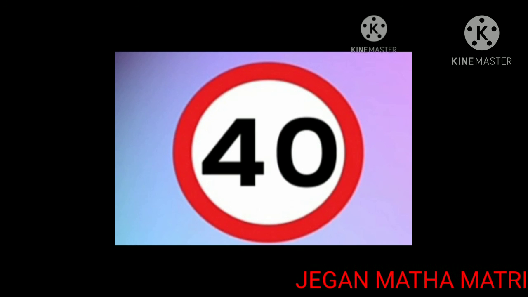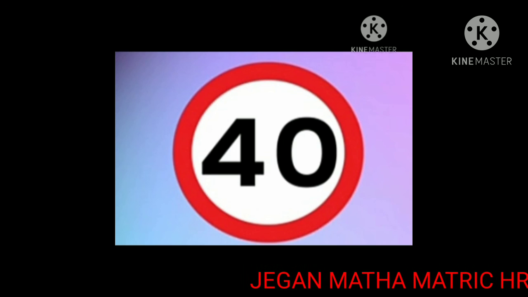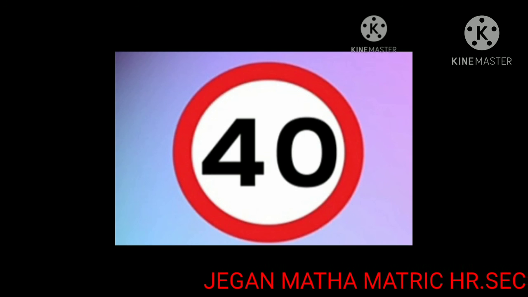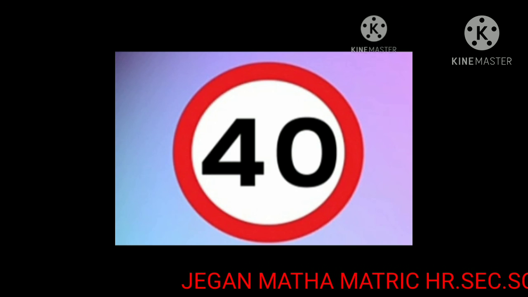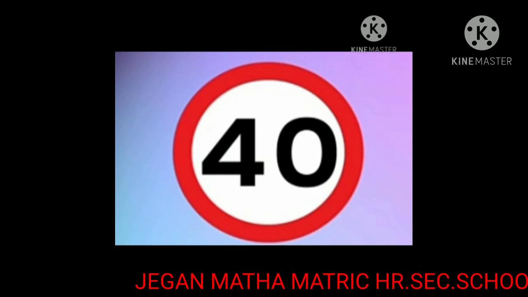This is a 40 speed limit sign. This sign is erected at the beginning of the area covered by a speed restriction, with numerals indicating the speed limit in kilometers per hour.